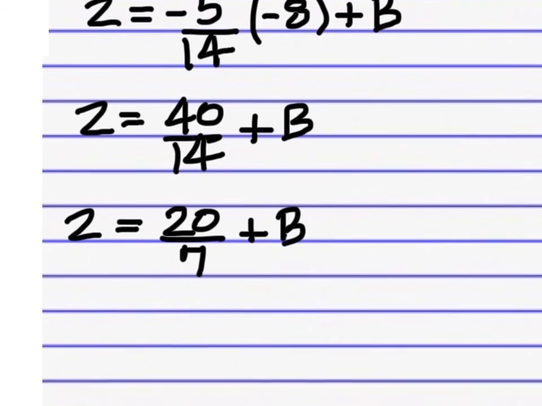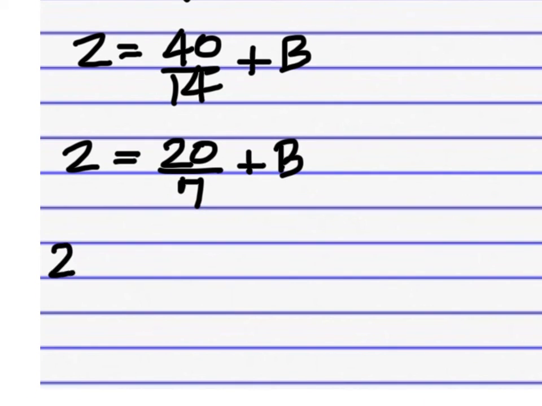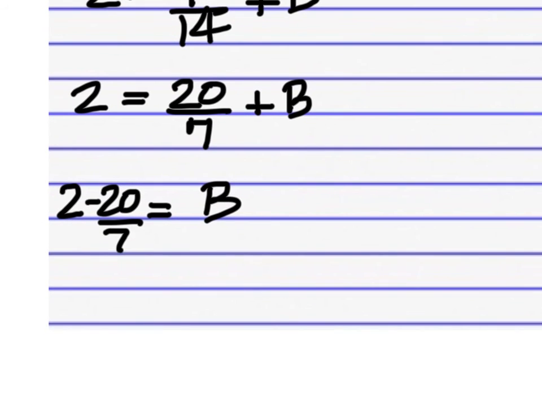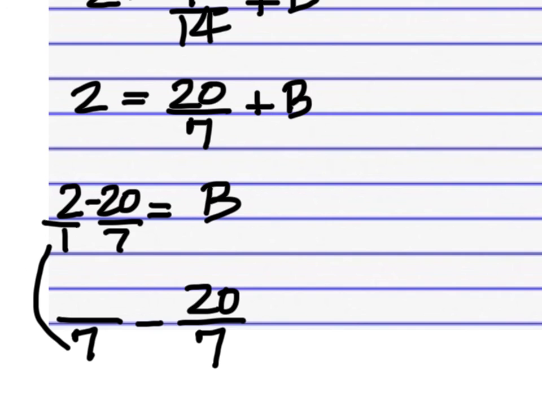And of course you'll have to move that 20 over 7 to the left, change the sign, and then do that subtraction. You need a common denominator of 7. So if I multiply this 1 by 7, I got to multiply 2 by 7. That's 14.